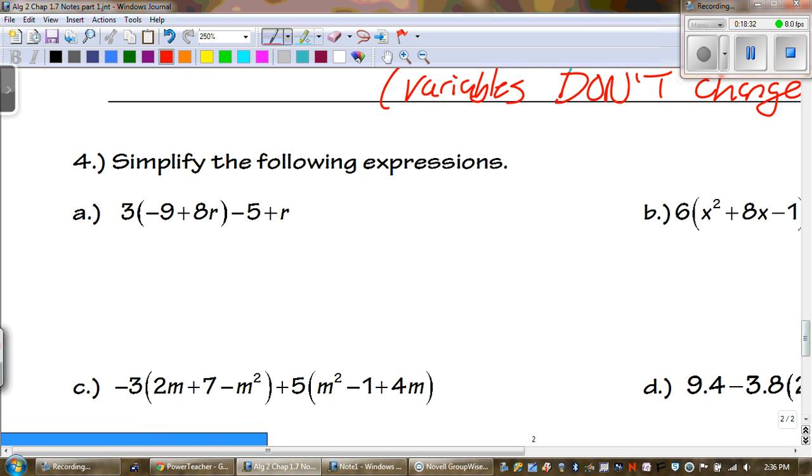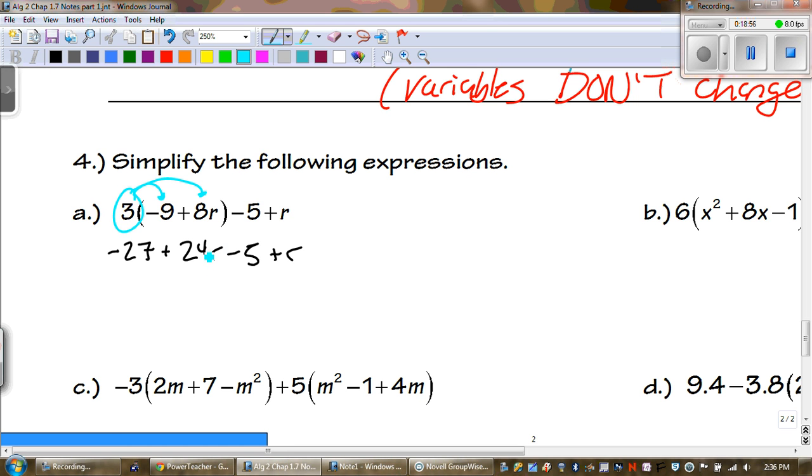Looking at A. Okay, we have 2 things here. We need to distribute. Okay, 3 times -9 is -27, and 3 times 8 is +24r. The rest of that comes down, it doesn't change.